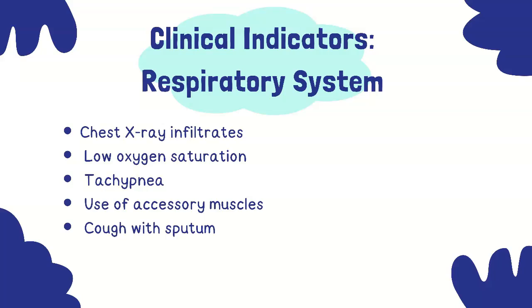So if you think about how you normally breathe, where your chest is rising and falling, use of accessory muscles like the neck and the chest indicates that the person is working overtime, right? Cough with sputum production can support diagnoses like pneumonia or bronchitis. A lot of times they will tell you what color it is, right? If it's colorful, it's suggesting something, right? So, all of these findings contribute to a clearer picture of the patient's respiratory status.